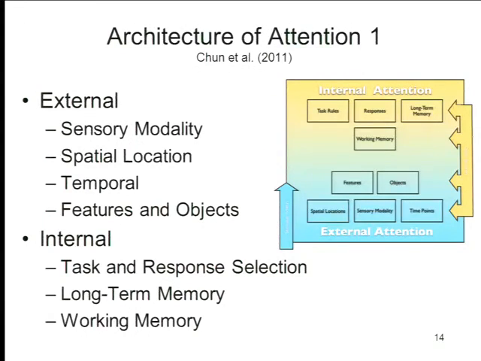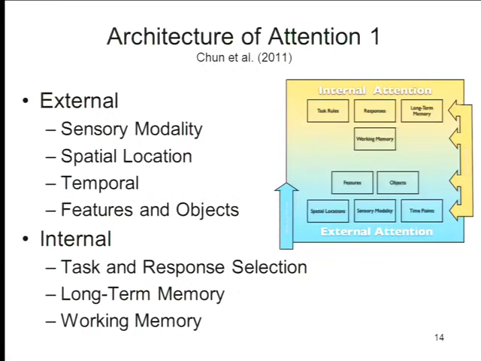It allows us to pay attention to what we're seeing as opposed to what we're hearing. It allows us to look at the spatial location of whatever it is we're paying attention to, the various features of objects in the external world.